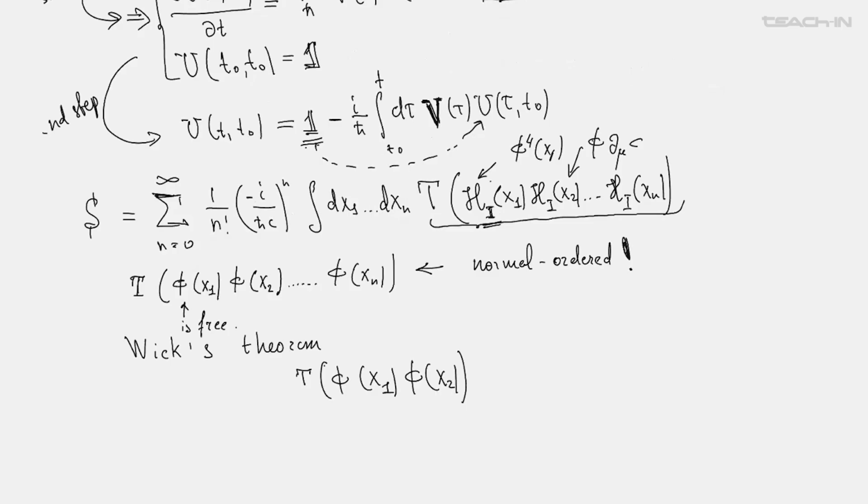It does not matter. Derivatives of phi, since they act on different points in this expression, you can always take them out of the t-ordered product. So on derivatives, Wick's theorem works just by the Leibniz rule. You can just take them out of the t-ordered product, and so it is inherited.